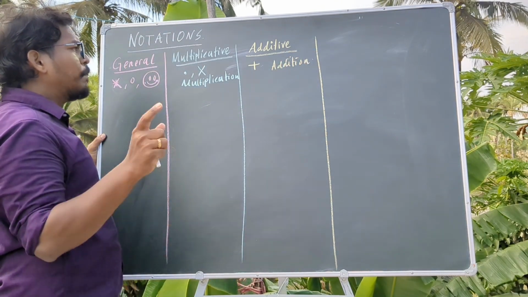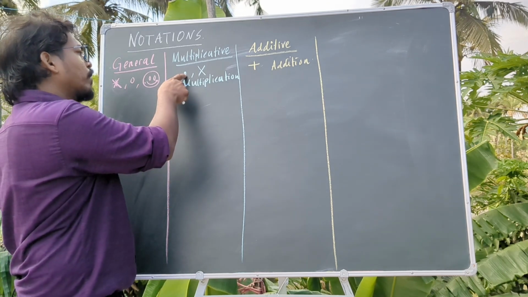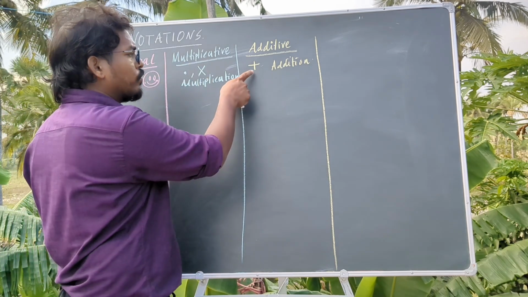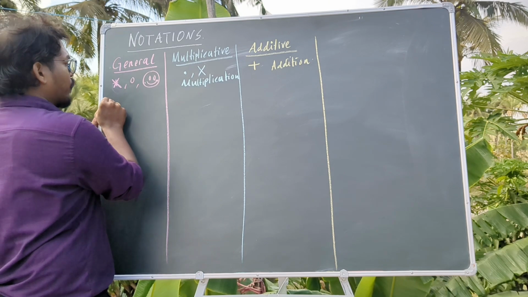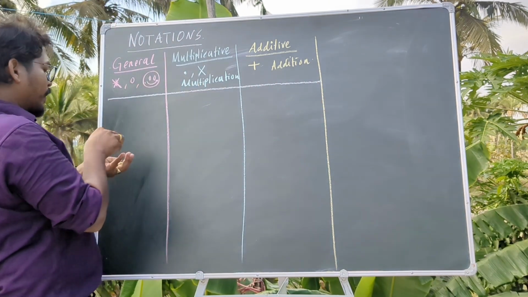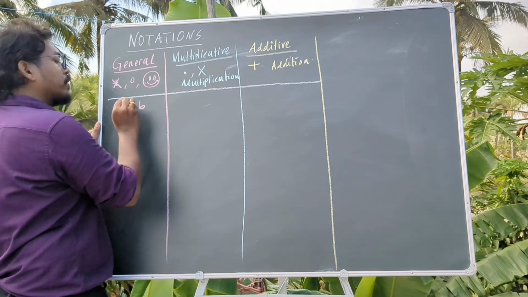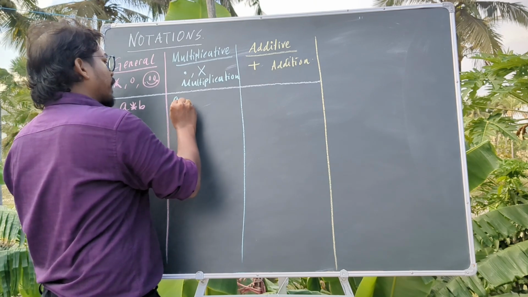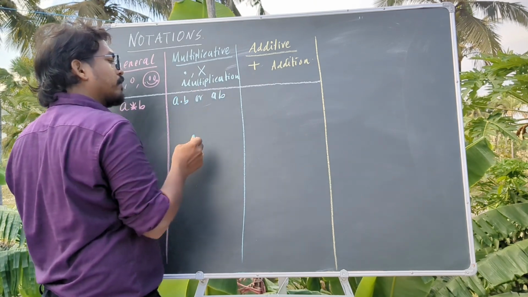To use multiplicative notation of a group, we use only dot or multiplication symbol. For additive notation, we will use plus, and this is our first row. We wish to write A star B. Here we will write A dot B or AB.